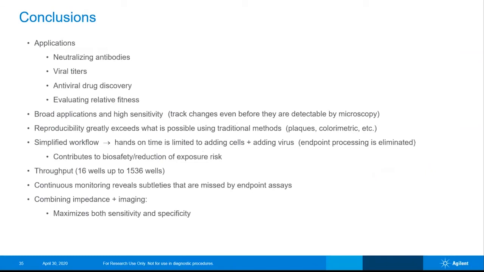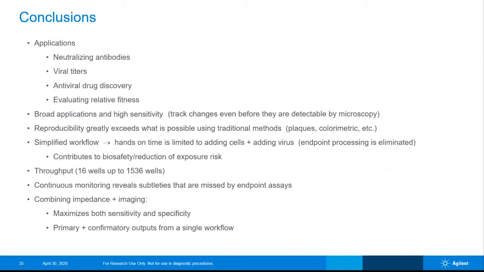The challenge is that because it's a composite readout, you don't always necessarily know what it is you're looking at. And that's where imaging gives you specificity. Those images make it clear whether you're changing cell number or the cells are swelling or shrinking over time. So you really get a more information-rich assay by combining those two.